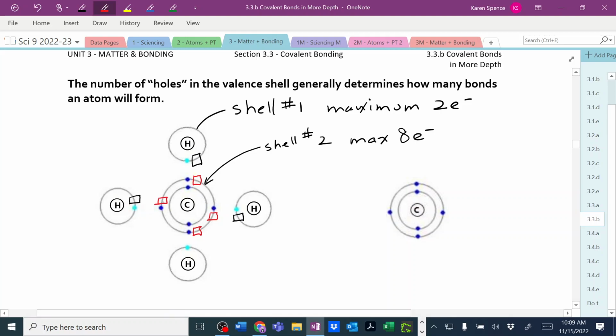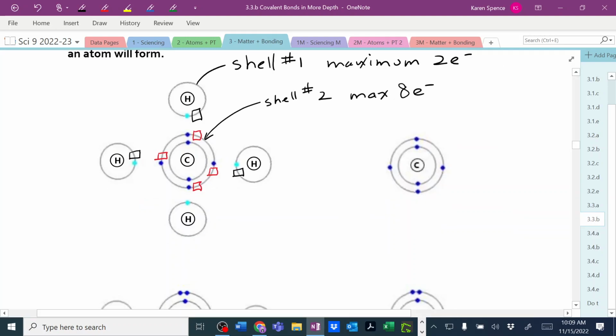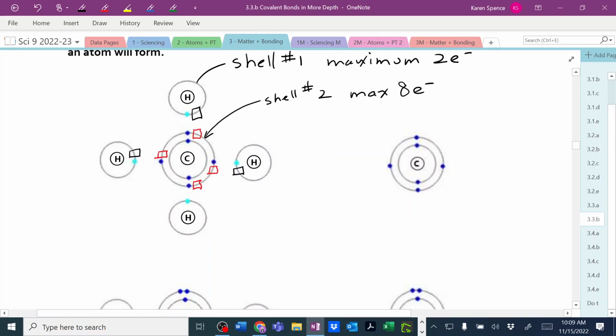So if we were to show these guys all sharing, I'm going to take this electron from hydrogen. Do you see the one I've colored red? One right here. I've colored it red and highlighted it yellow. I'm going to put it here. Okay?